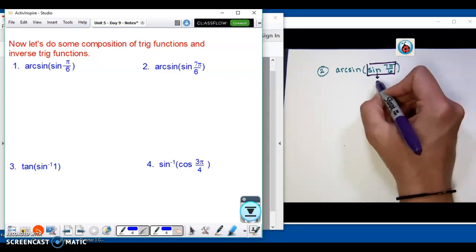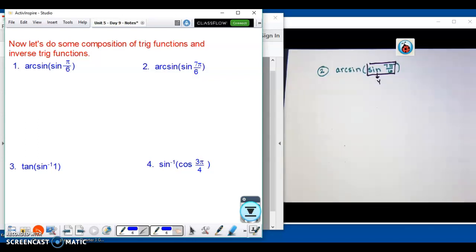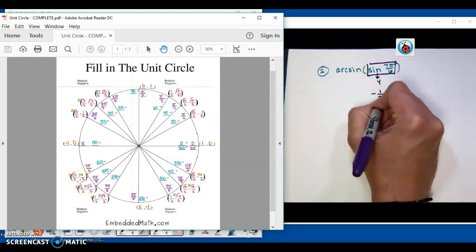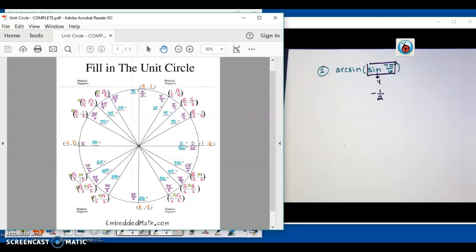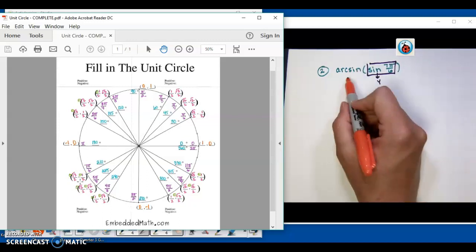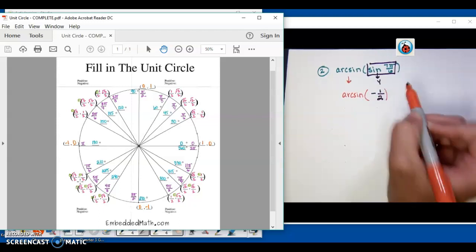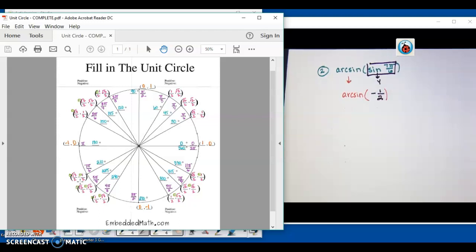Sine is the y value, so we're going to go on our unit circle. At 7 pi over 6, that y value is negative 1/2. The answer to that inside part is negative 1/2. We're going to bring down our outside part, arc sine. So we're working with arc sine of negative 1/2.